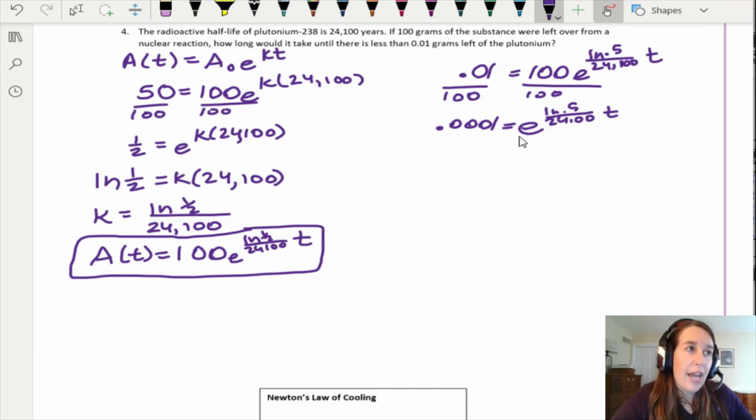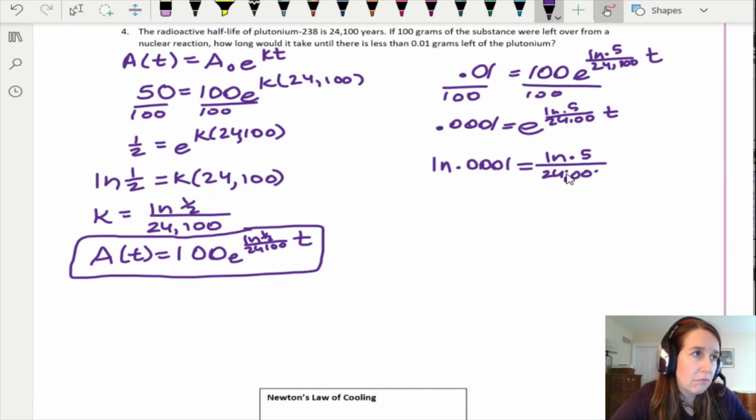Okay, now that the base is isolated, we'll change to log form. So the natural log of 0.0001 is equal to the natural log of 0.5 divided by 24,100, times t.